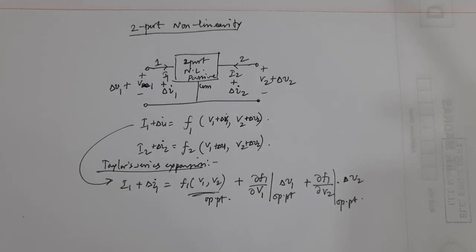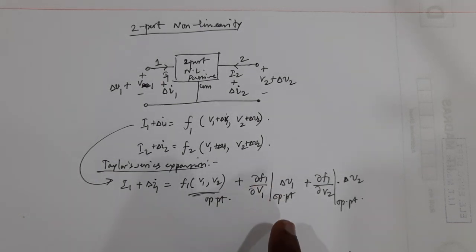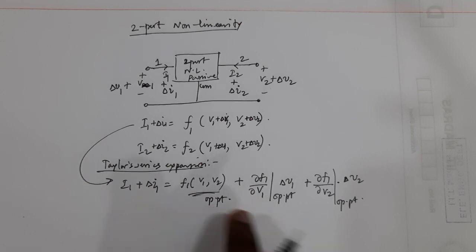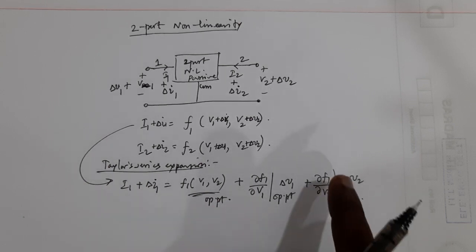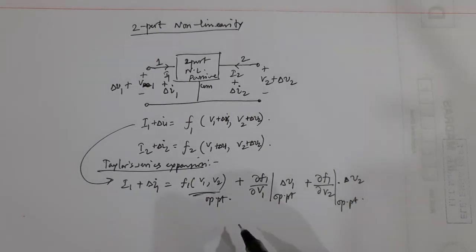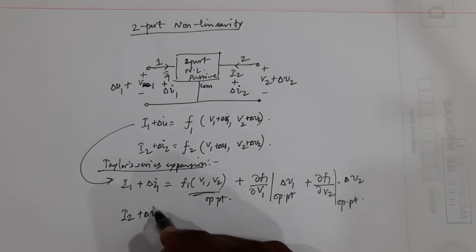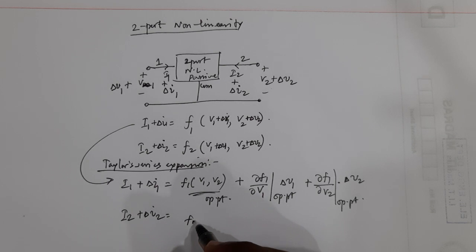The operating point is v1 and v2. Okay, you take the derivative of the function f1 with respect to v1 and substitute the operating point value, and the derivative with respect to v2 and substitute the operating point value, and multiply them with delta v1 and delta v2.